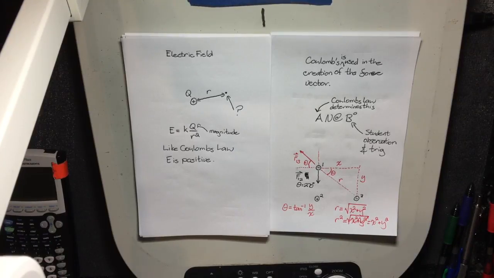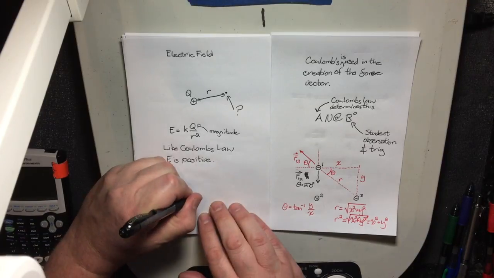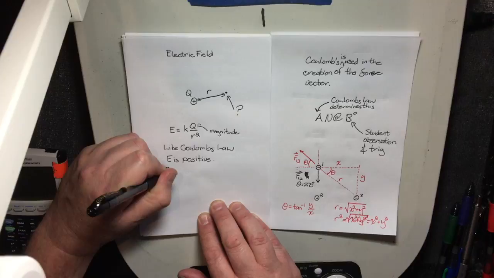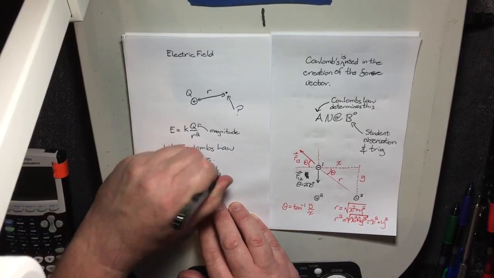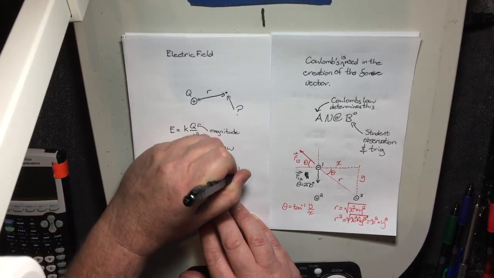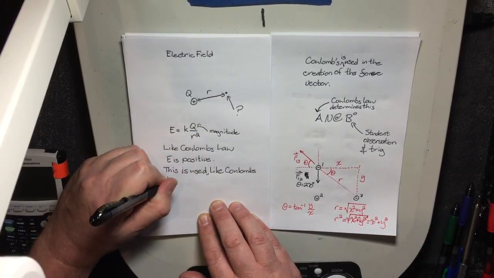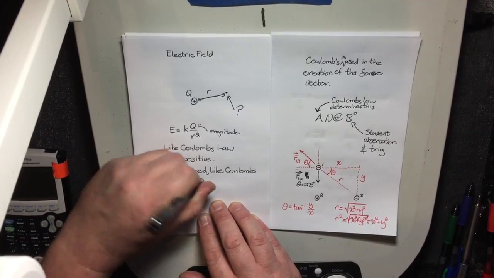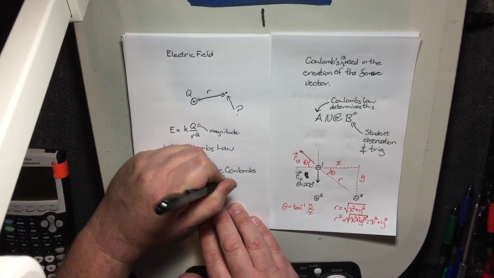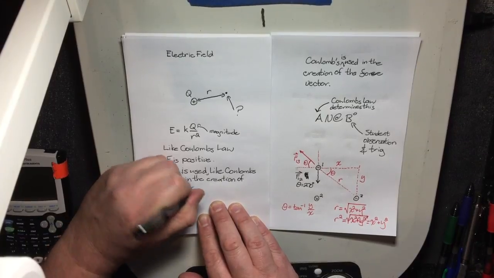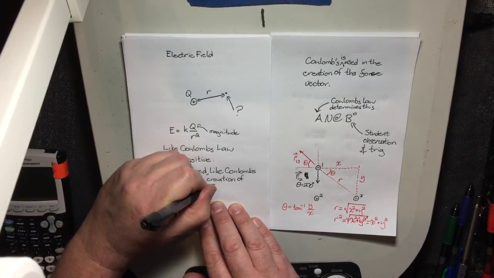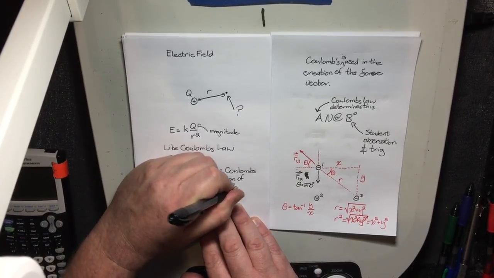So you cannot have an electric field that's negative. And this electric field value is the magnitude of the electric field vector. This is used like Coulomb's law in the creation of the electric field vector.